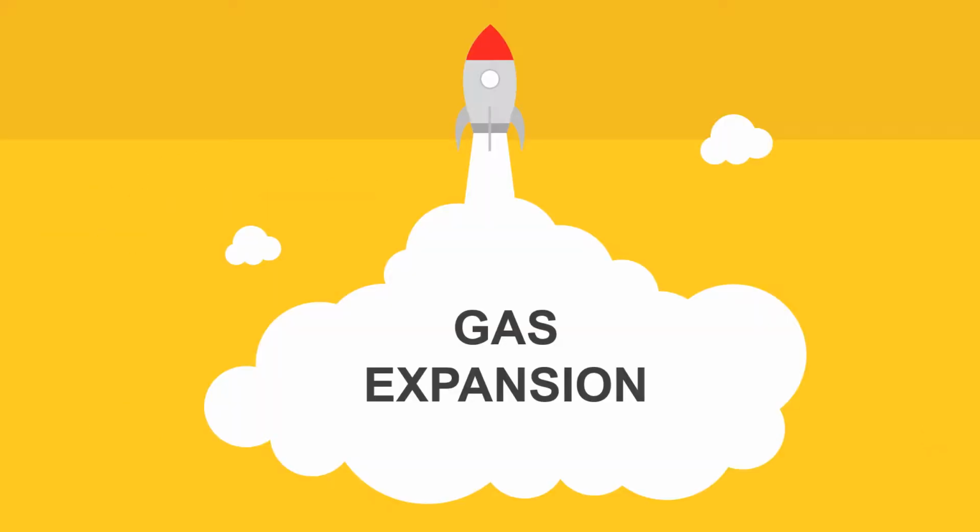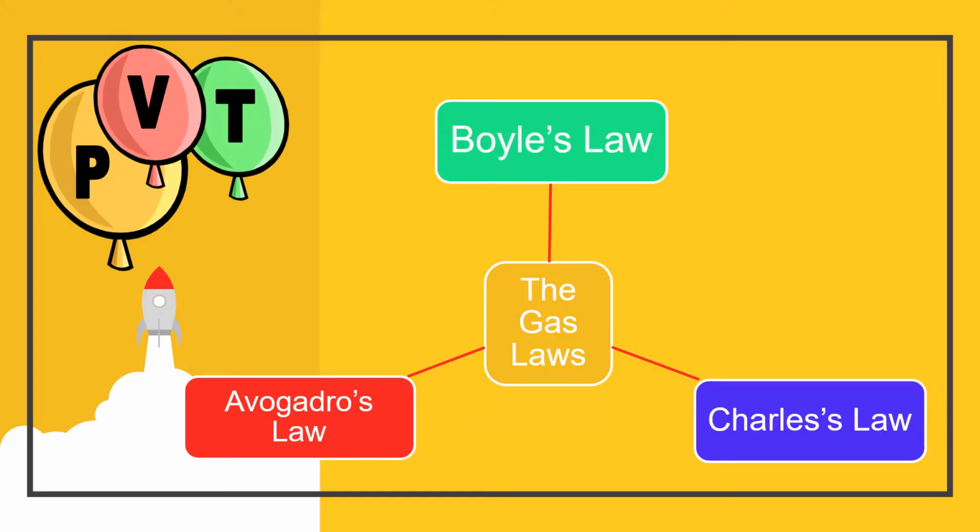Okay, so next is about gas expansion. You already know that the gas law comes from three laws: Boyle's law, Charles's law and also Avogadro's law, which give the relationship between P, V and T: pressure, volume and temperature.